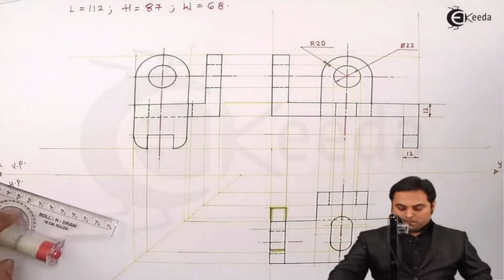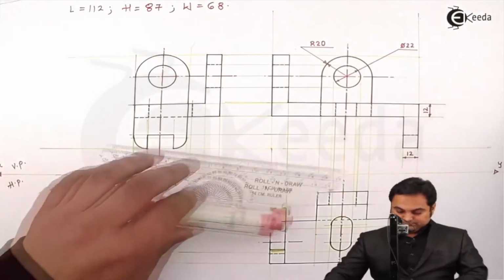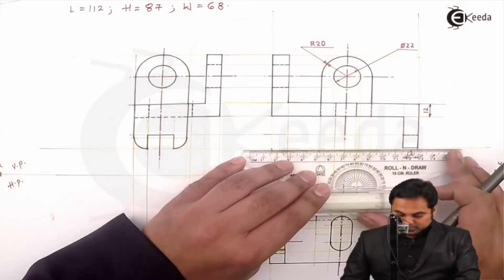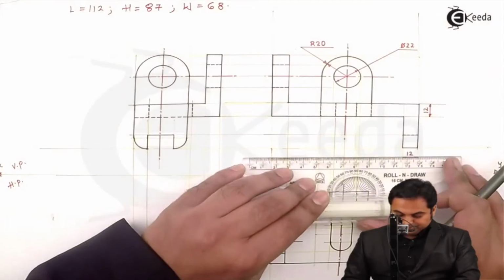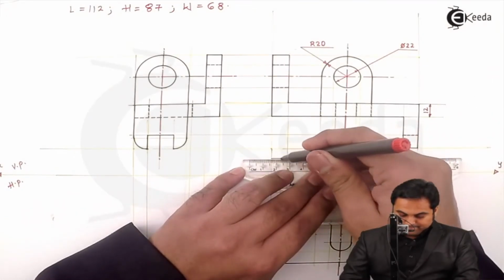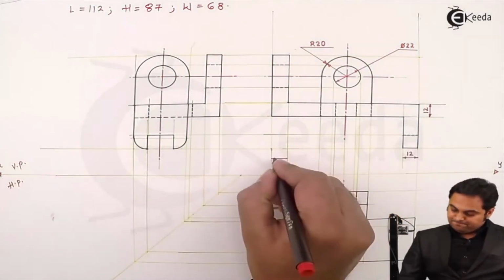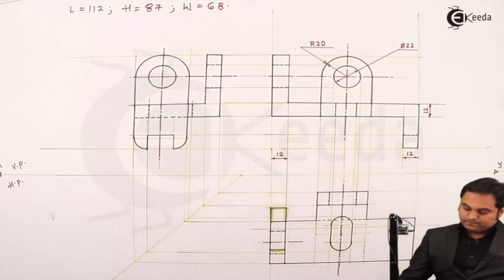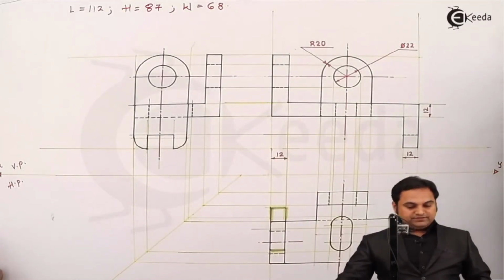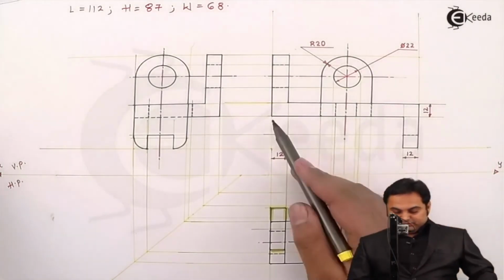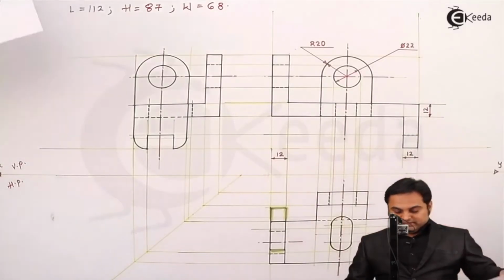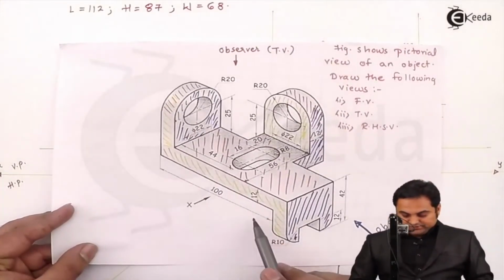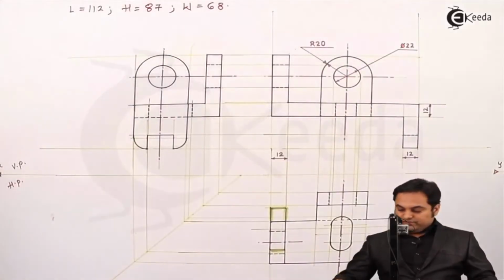Next, this vertical plate has a length of 12. Next, the plate has a length of 100 up till here, as we have seen 100 before this 12.